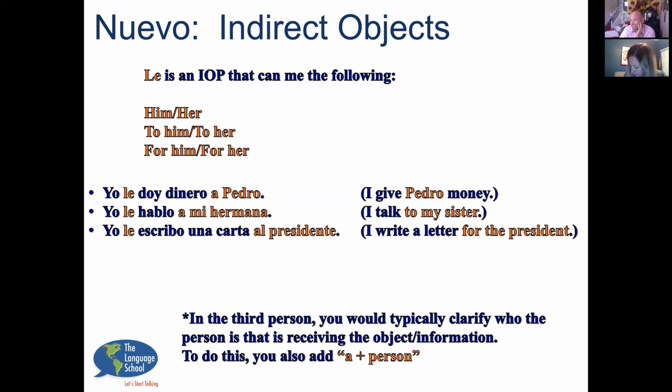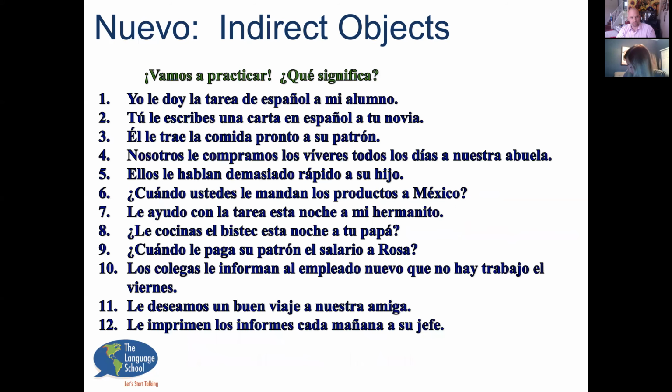Because le can mean several different things, you need to add a little bit of context, at least when you're establishing a conversation. Once we know who everybody's talking about, then you might leave that a Pedro part off or the a mi hermana part off. Sí. Vamos a practicar. So just tell me what these mean in English.